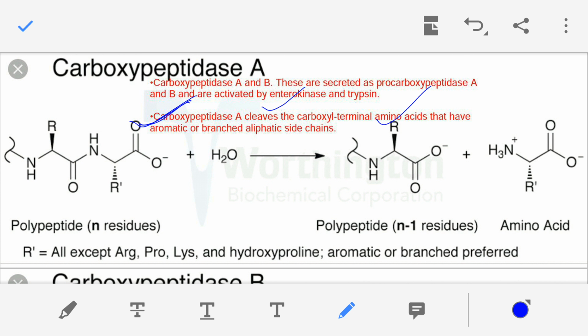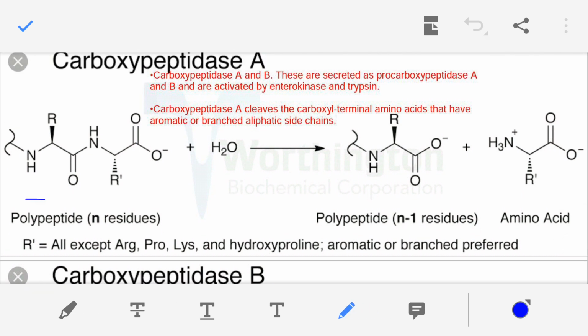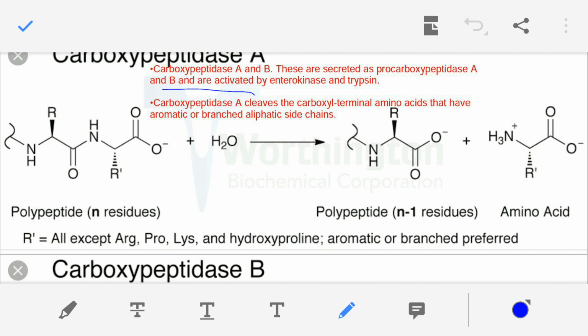It is breaking the peptide bond and removing the amino acid, and this removed amino acid has an aromatic or branched aliphatic side chain. Let's say this is the structure of the polypeptide, and carboxypeptidase A is breaking this bond.